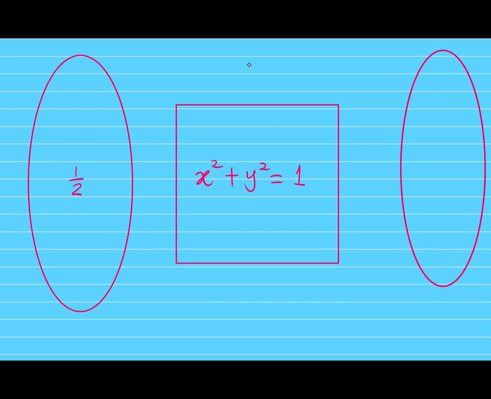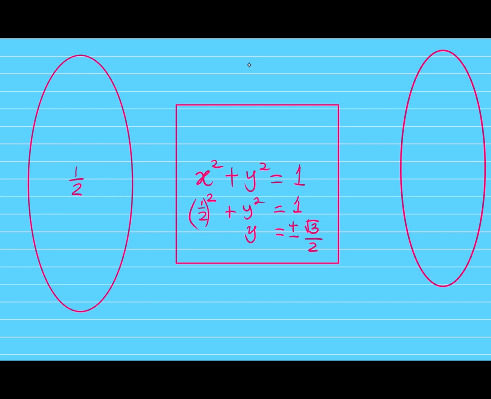If x is half, I then have half squared, because this is the engine doing its work, plus y squared equals 1. Some little algebra will tell you that y will be equal to plus or minus root 3 over 2. All you need to do is square this, which gives you 1 over 4.